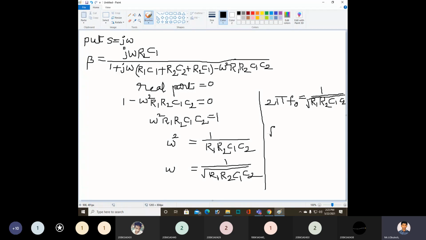Then f naught is equal to 1 by 2 pi square root of R1 R2 C1 C2.